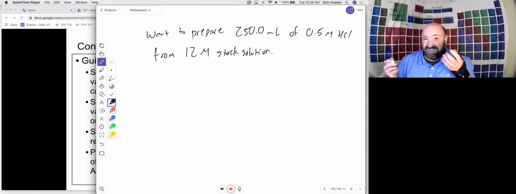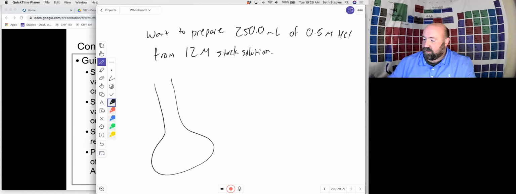So the thing that we need to know, we're going to use our volumetric flasks that we talked about a little while ago. Very crude drawing of one here. Actually, that is not bad for my artwork.